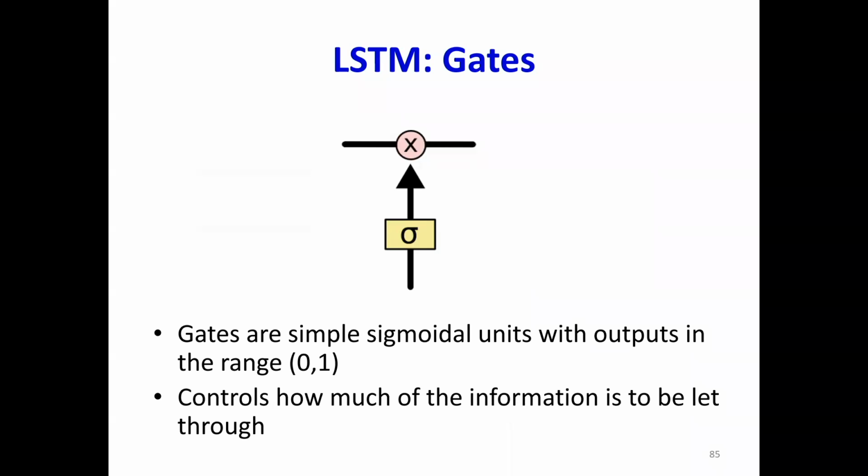Now the first way of modifying it is this thing called a forget gate. A forget gate is a simple sigmoidal unit which scales the value that's currently in memory. So you're remembering a whole bunch of curly braces, and now you've seen a closed curly brace. So you want to decrement the count.